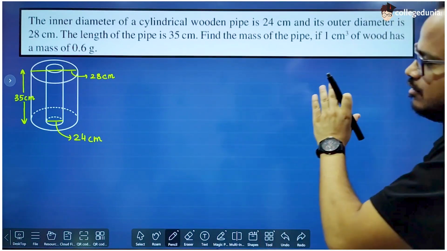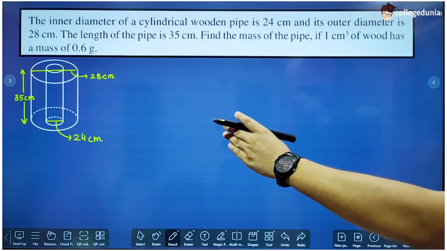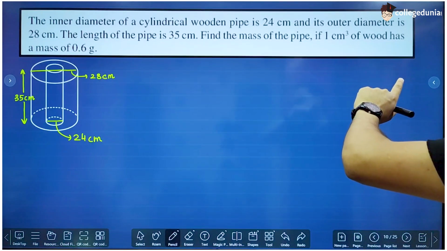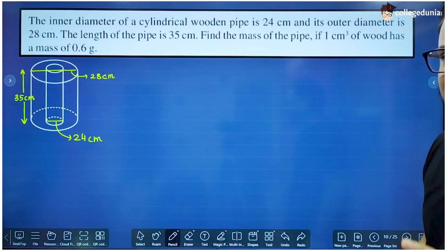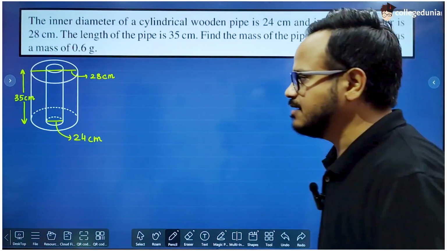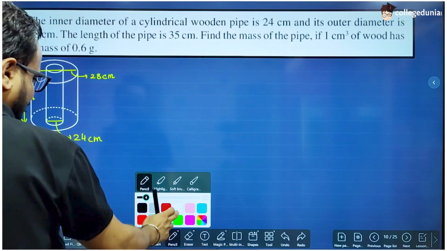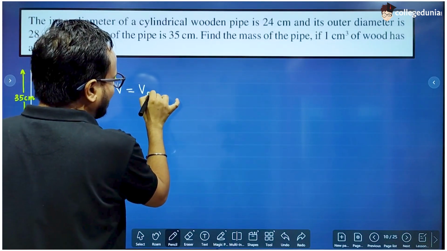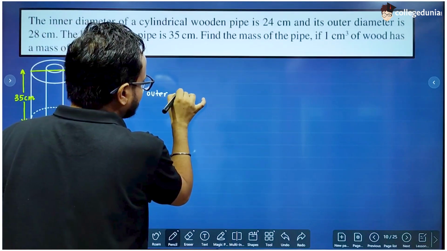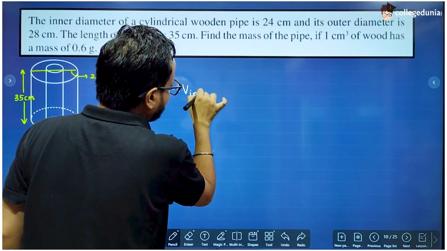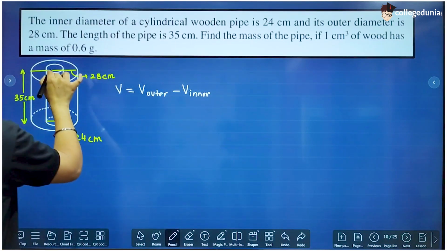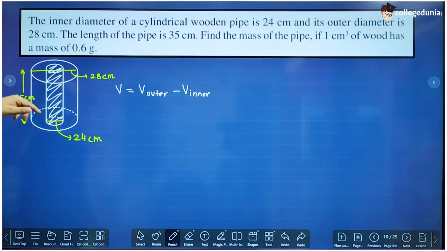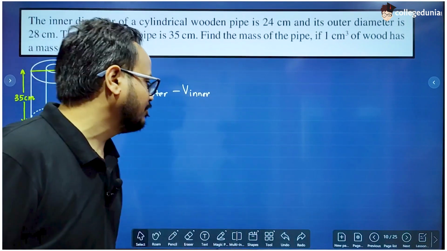So if we calculate the volume of the wood which is used to make this pipe, we can multiply that volume in centimeter cube into 0.6 and we will get the mass in grams. So we will find the volume, which is the volume of the outer cylinder minus the volume of the inner cylinder, because wood is not there in this part. This part is hollow, so we have to subtract the volume of this part from the whole part.